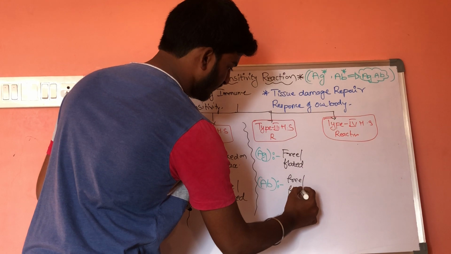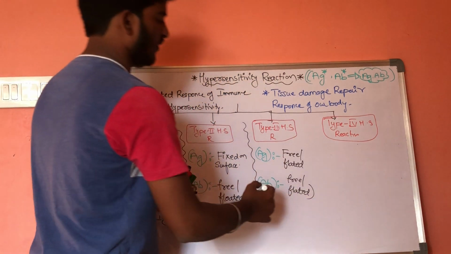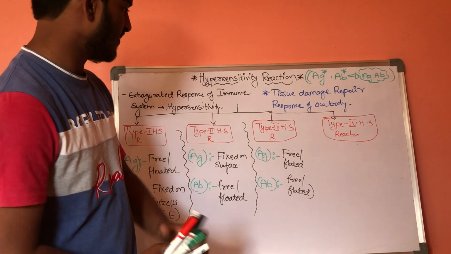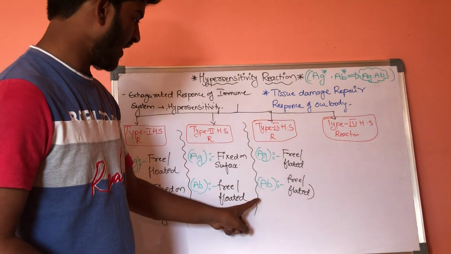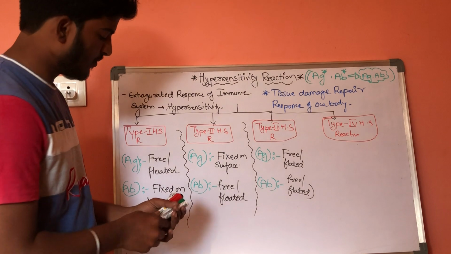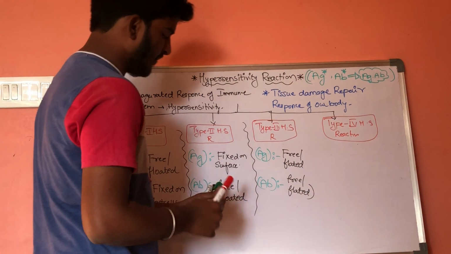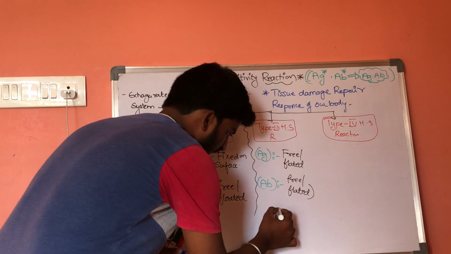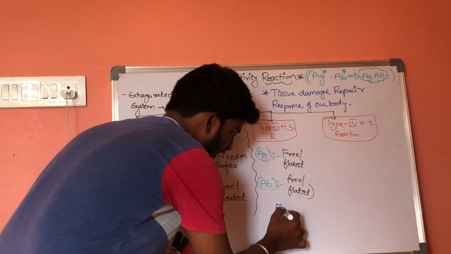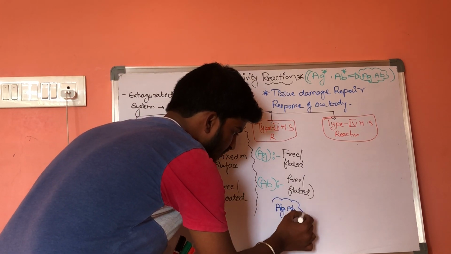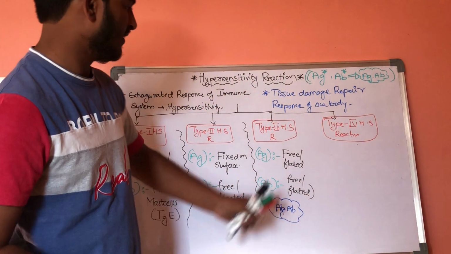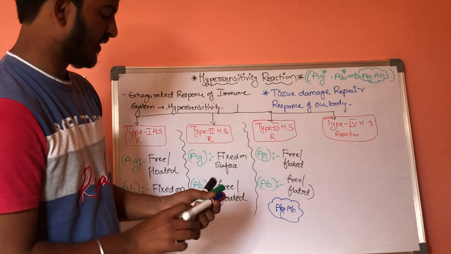So in type 3, the antigen is free and floating and the antibody is also free and floating. The antigen antibody complex which is formed will be freely floating in the plasma.